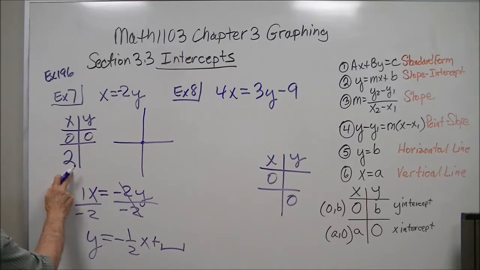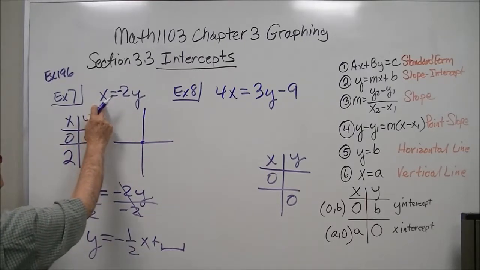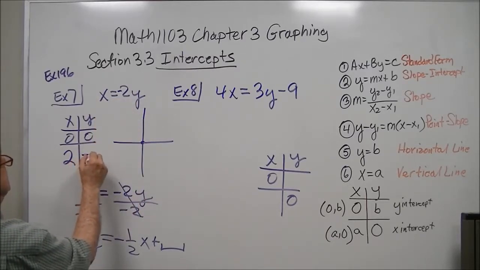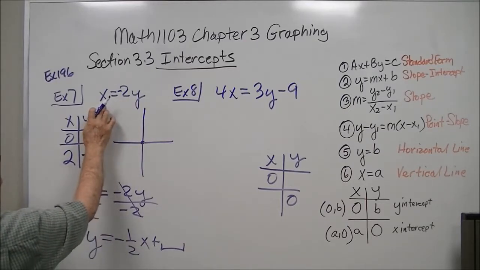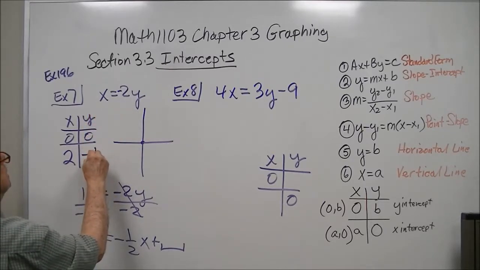So I'm going to use a 2. If x is 2, I divide both sides by a negative 2, so this becomes a negative 1.